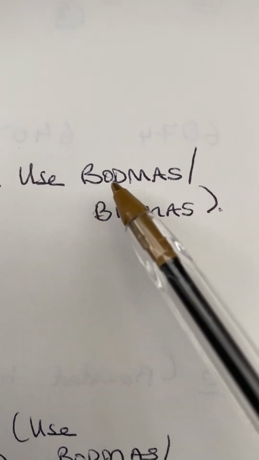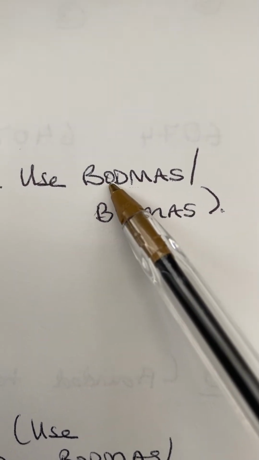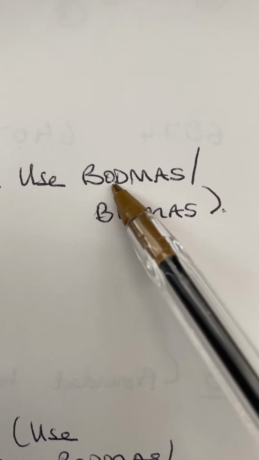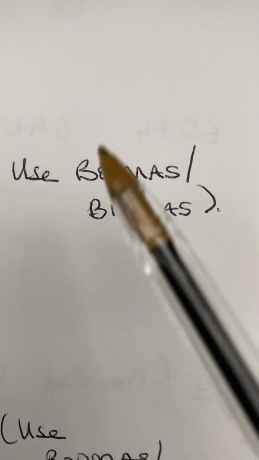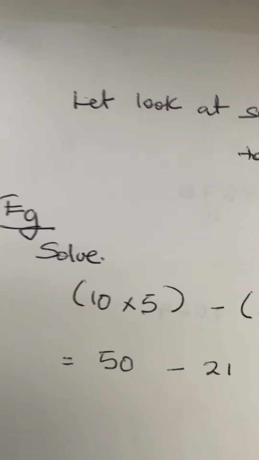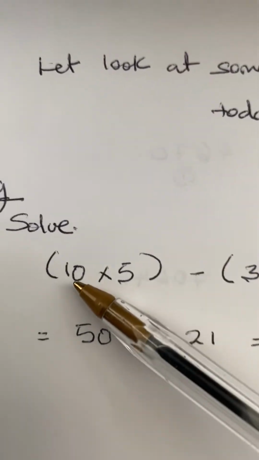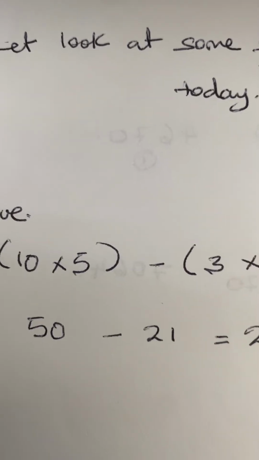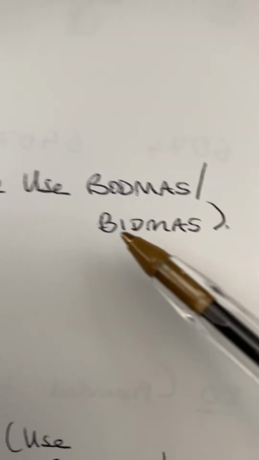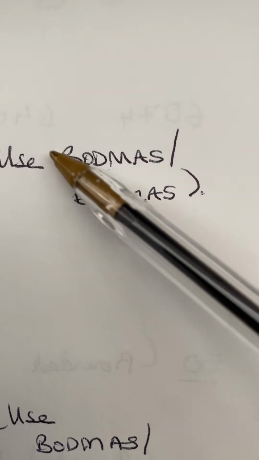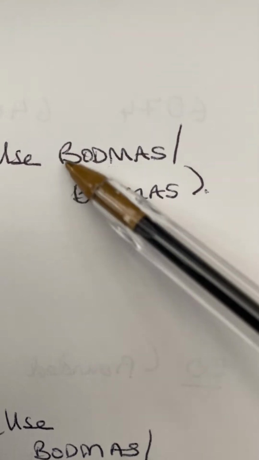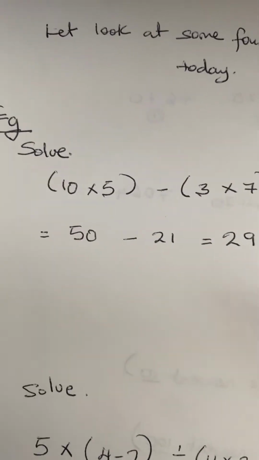We said the O in BODMAS is "of" and the I is indices. If you look at the question here, you have 2 brackets. So if you are going by BODMAS, you need to solve the bracket part first. So let's have a look.